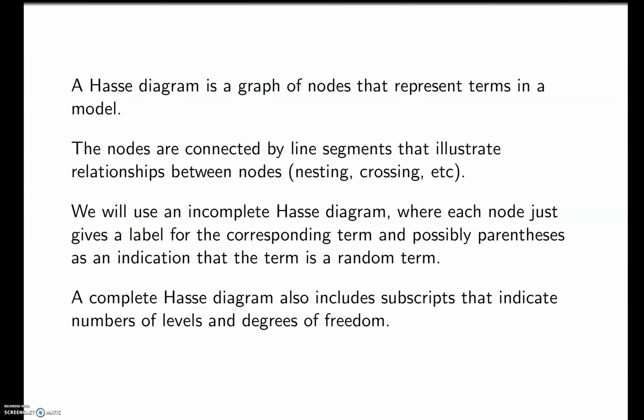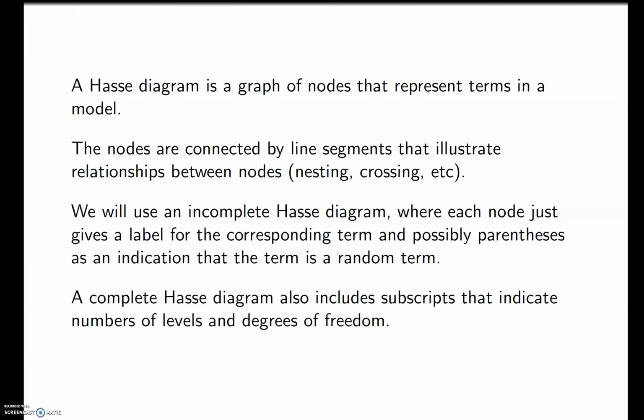Gary talks about incomplete Hasse diagrams in the notes, where each node is just given a label for some term, and then an indication that that term is random is given by a parenthesis surrounding that term. Okay, we'll do the same. I like the way Gary does this in the book, so I think I'll stick with his notation.